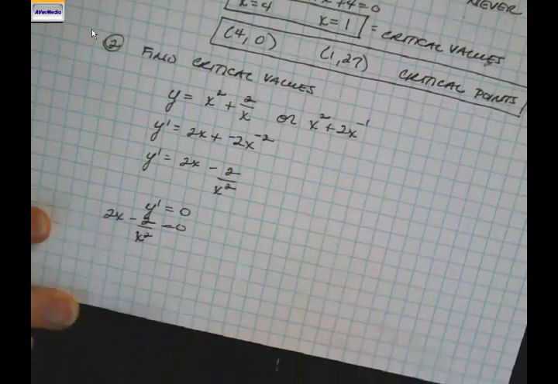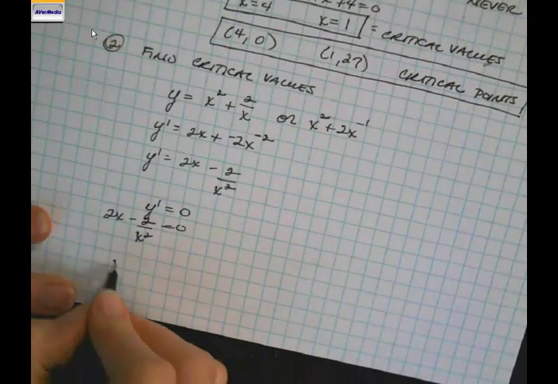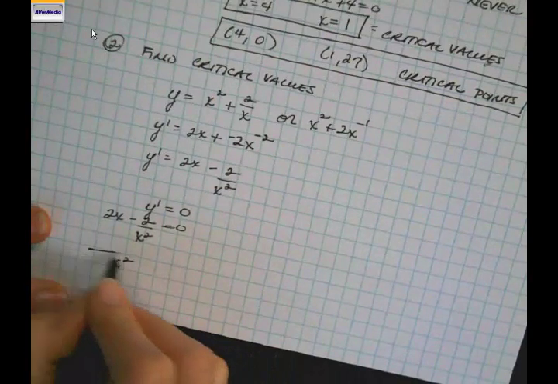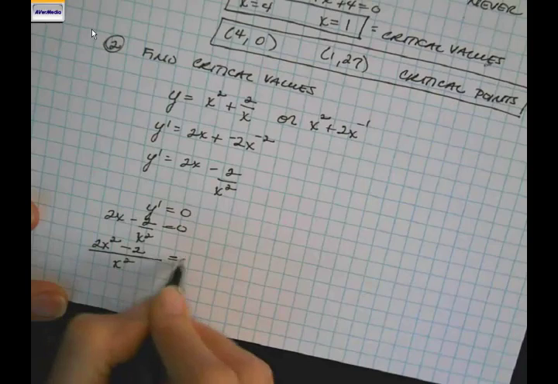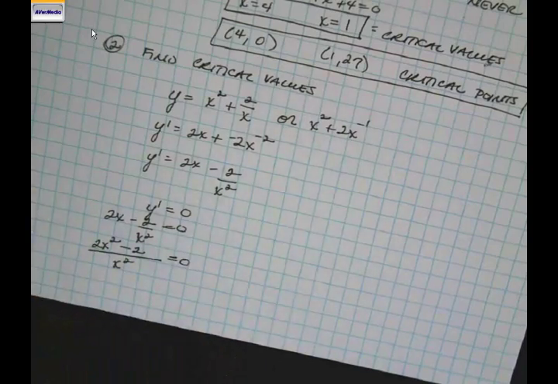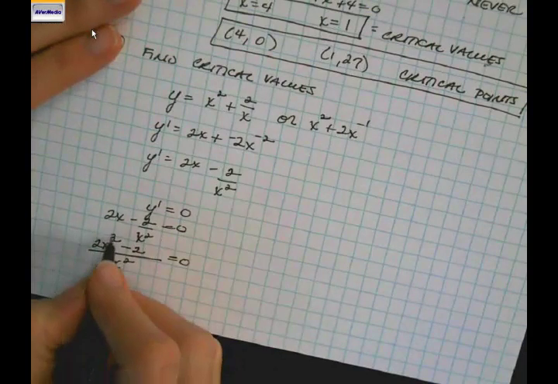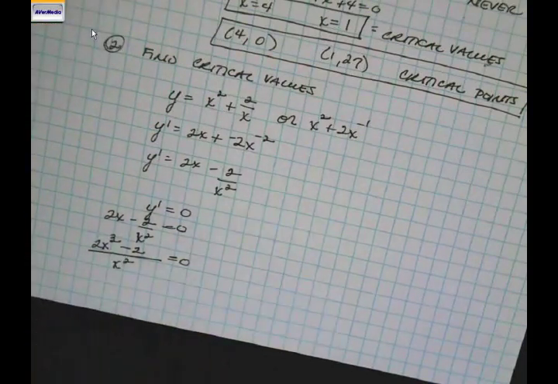That's not fun to do unless the denominator is the same. So I'm going to get an x squared denominator, which will make this numerator 2x cubed minus 2.